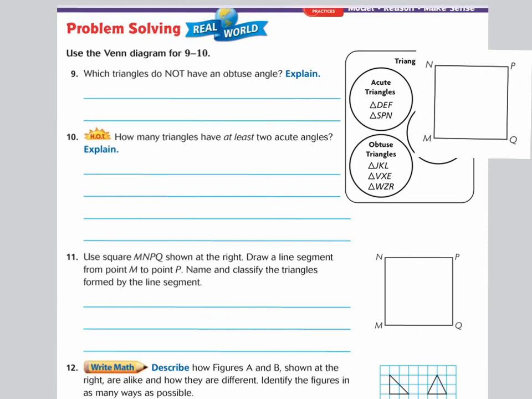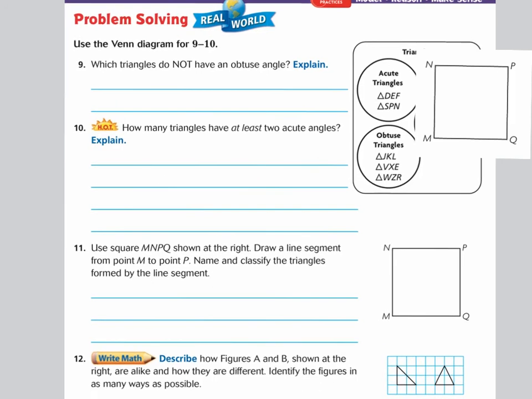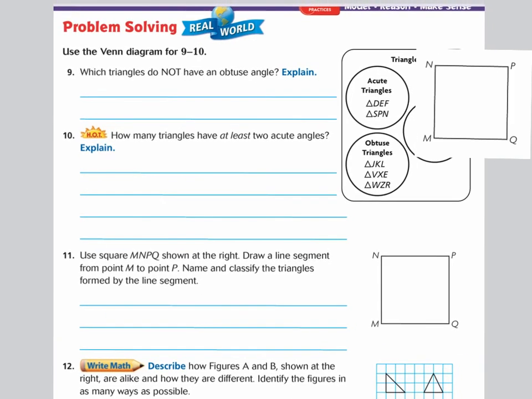So therefore, you can list the acute and the right triangles, but I'm just going to condense that for time purposes. So acute and right triangles.